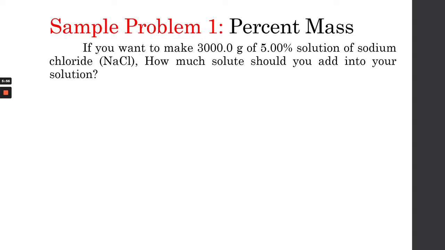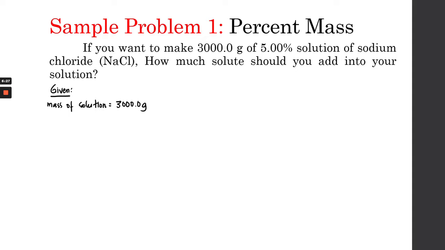Okay, so let's begin by writing our given. If you want to make 3,000 grams of 5% solution, this 3,000 right here is actually the mass of our solution. So the mass of solution is equal to 3,000 grams.